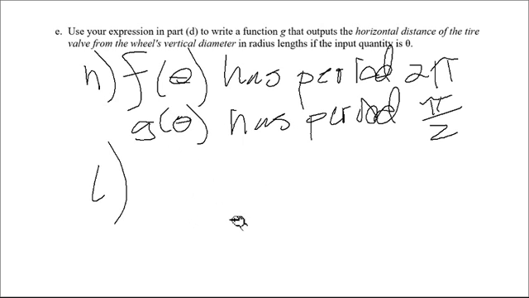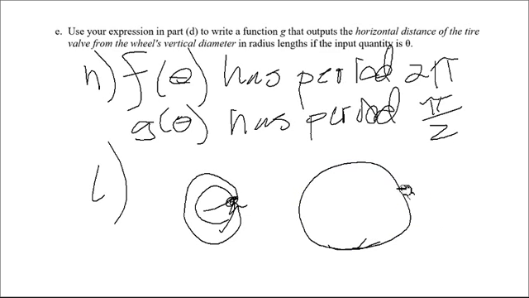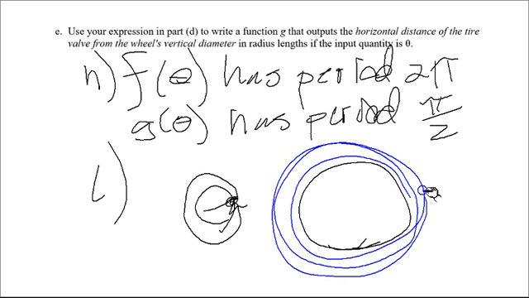So if we go around our pedal 1 time, that's going to correspond to our wheel going around once, twice, 3, 4 times, right? So 1 for the pedal corresponds to a change of 4 for the tire valve.